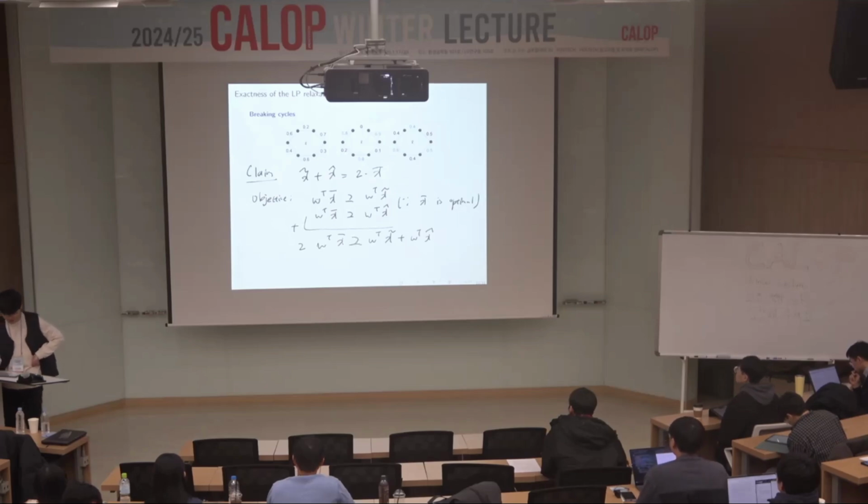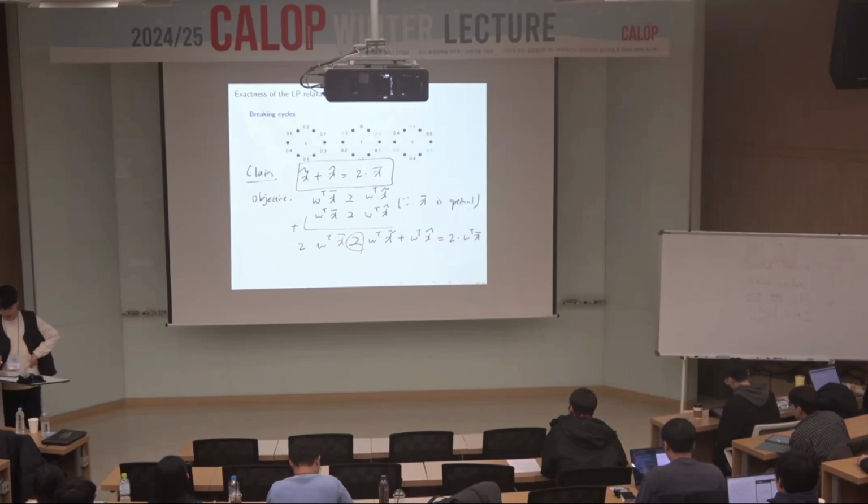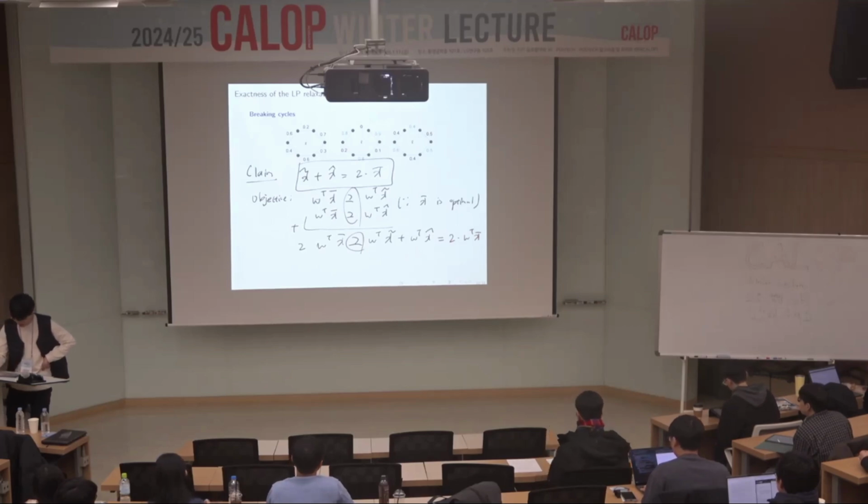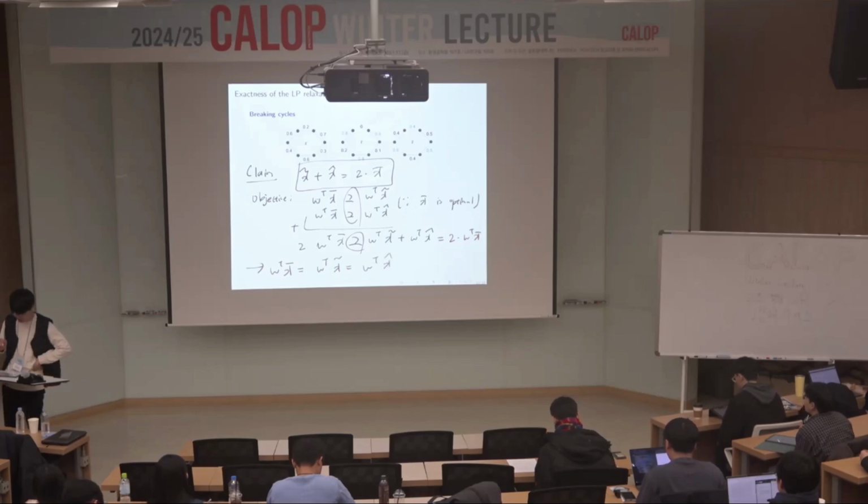But then from this claim, if you multiply W on both sides, it implies that this equals 2 times W transpose x bar. Now you have these equalities, so the equalities hold throughout. This implies that W transpose x bar equals W transpose x tilde equals W transpose x hat.